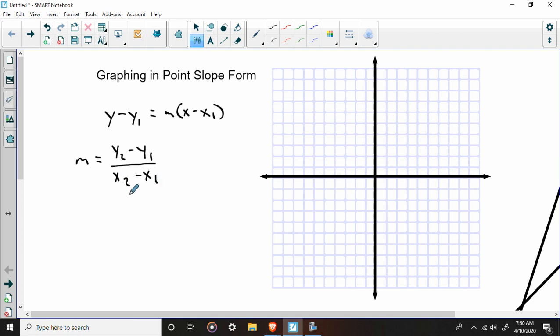Now we know one of the points. They're going to give you one of the points, right? I'm going to multiply both sides by x2 minus x1, and what am I going to get? y2 minus y1 is equal to m times x2 minus x1.